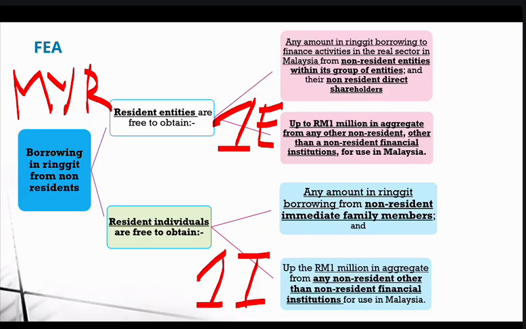Okay, let's see. Samsung Malaysia borrows 3 million from a non-resident related group of company.